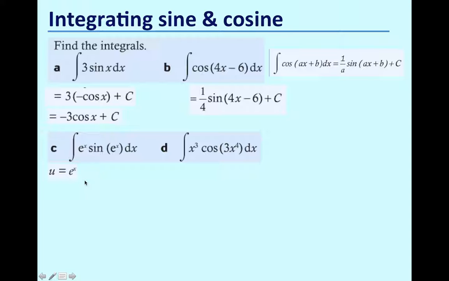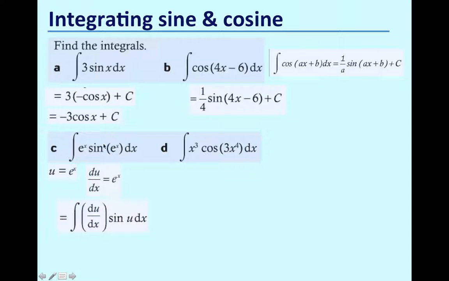We're going to say u equals e to the x. If we differentiate u with respect to x, we end up with e to the x. So you can see in this instance this is going to be our u, and if we differentiate that we end up with this. So we can use the substitution method here: u equals e to the x, and differentiating gives us e to the x.